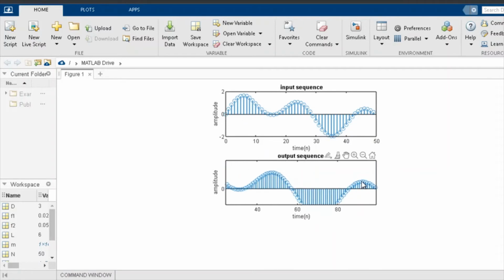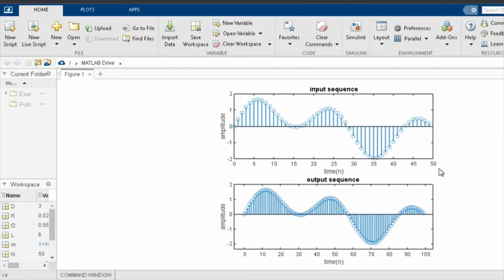And this is the output for the second simulation.